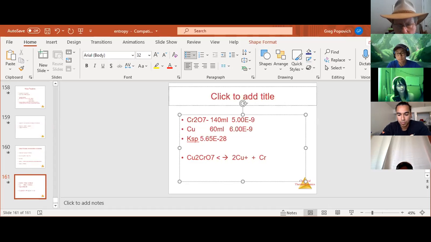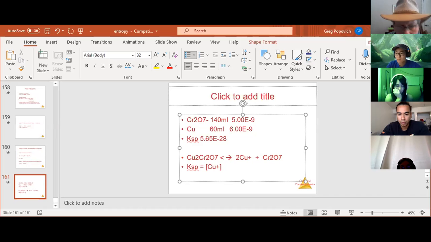My equation: Ksp is going to be equal to my Cu concentration squared times my CrO4 concentration, right?